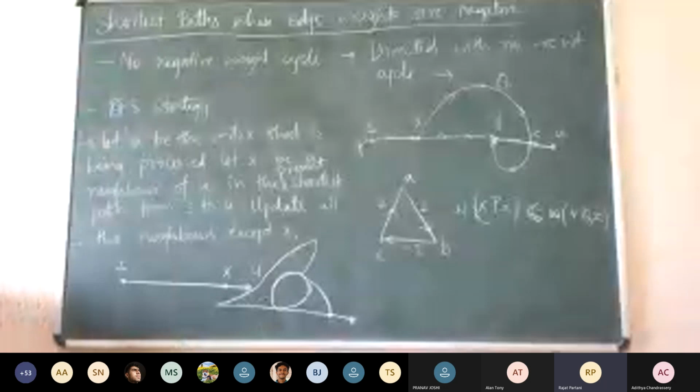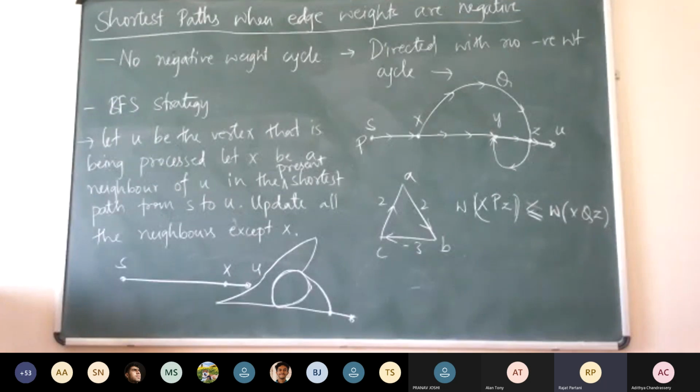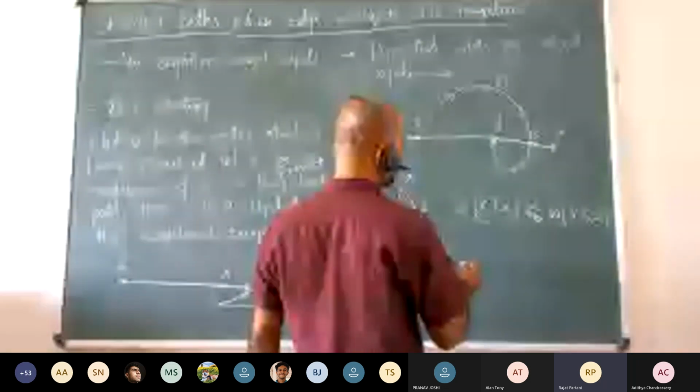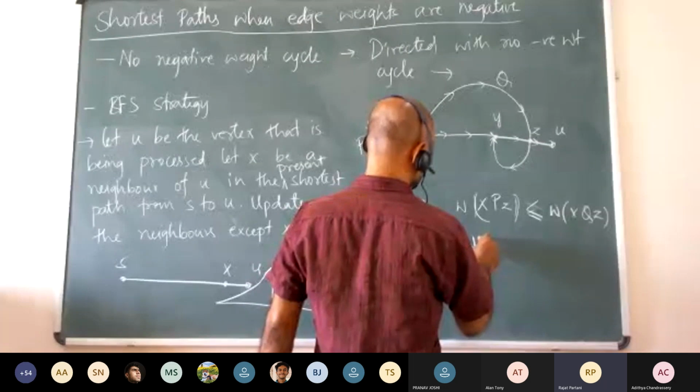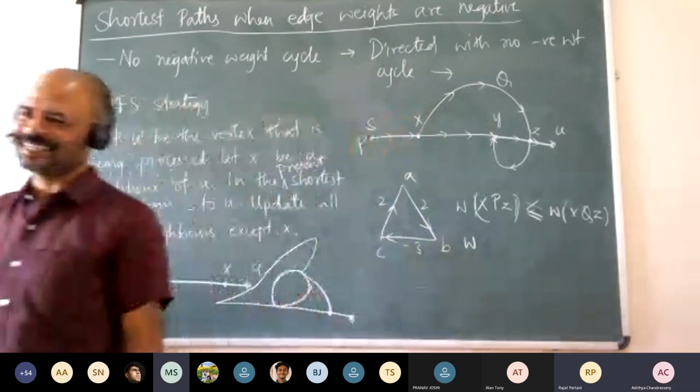Now we can say that between the distances Y to Z and Z to Y, we can prove that this forms a negative weighted cycle. How do we prove that?